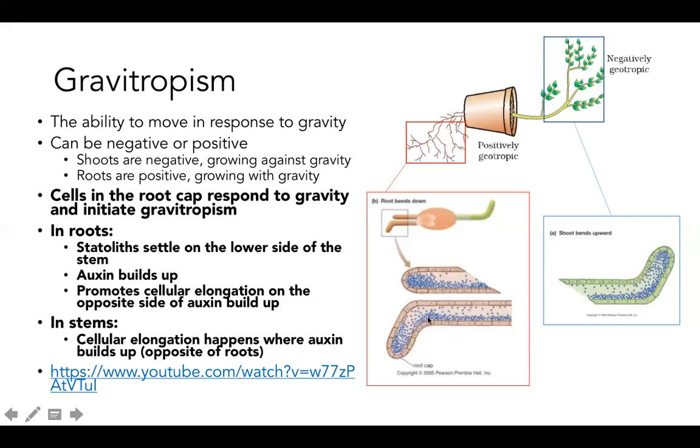Auxin will also settle on the lower side of the roots, but that auxin buildup will promote cellular elongation on the opposite side of the auxin buildup. So something to note is that gravitropism acts differently in roots and shoots.